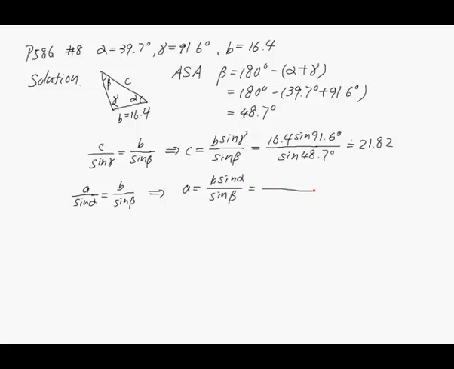Now you plug in everything here. 16.4 times sine alpha, where alpha is 39.7 degrees, over sine beta, 48.7 degrees.